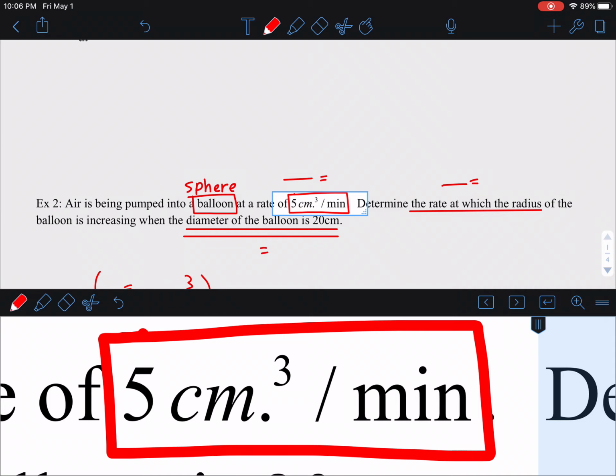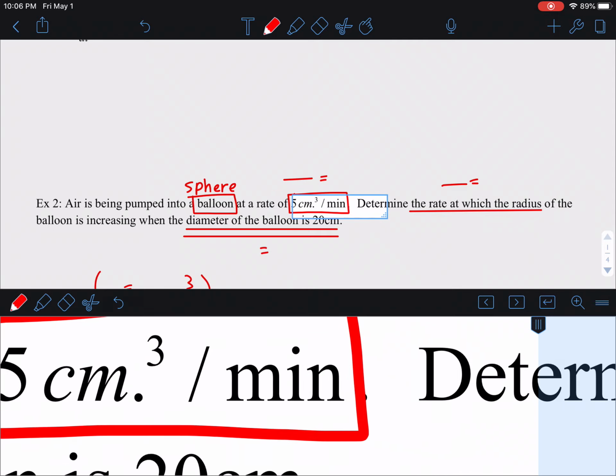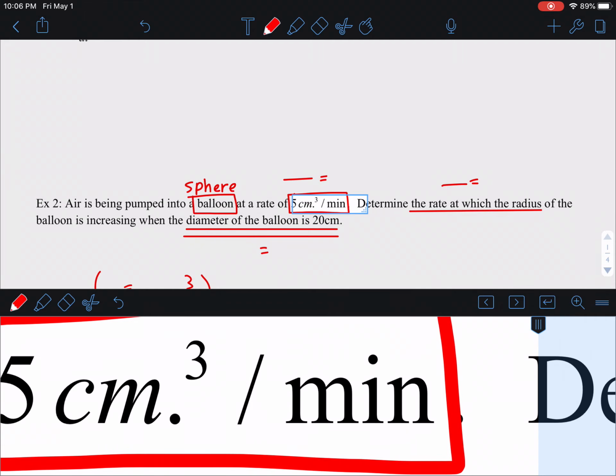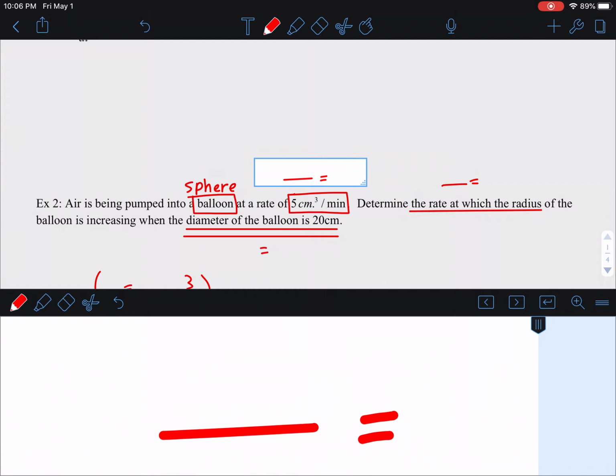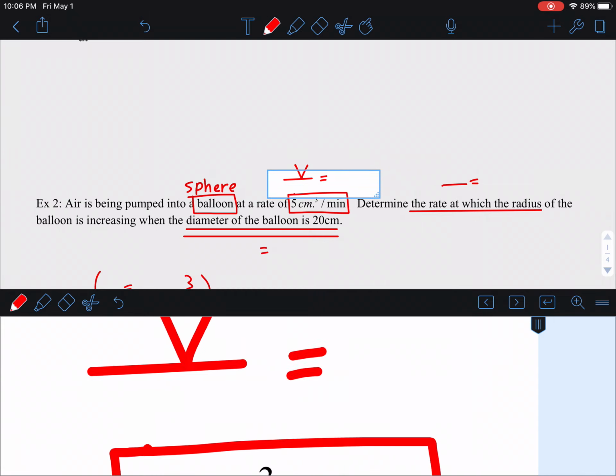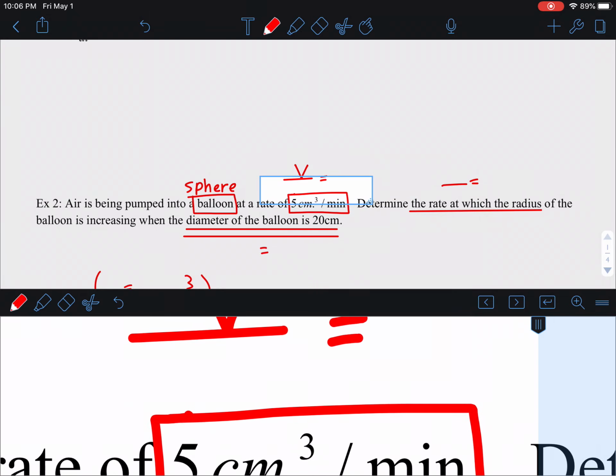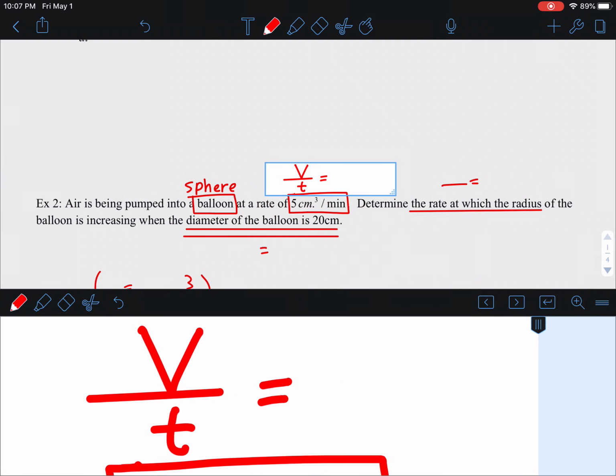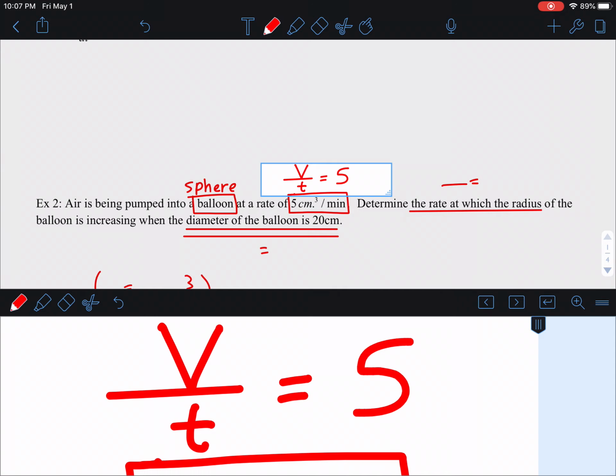Units are really important in this section because not only do we need them in order to get full credit, but they actually tell us some really important things. If we focus on them separately, centimeters cubed is usually a measure of volume. Minutes is usually a measure of time. So V over T is 5.